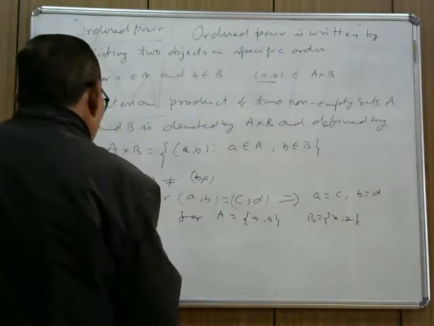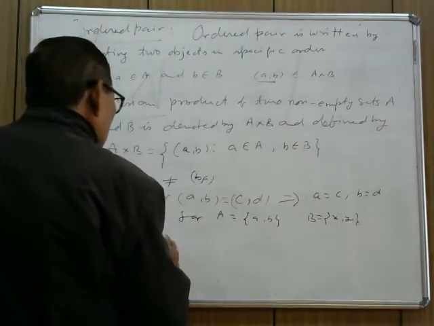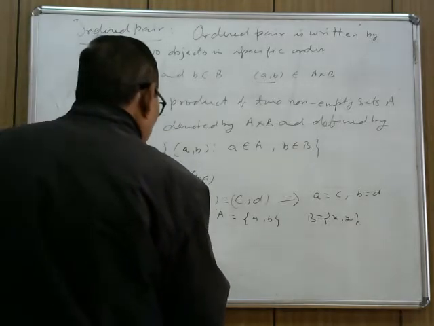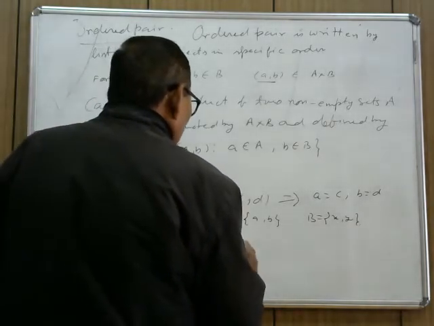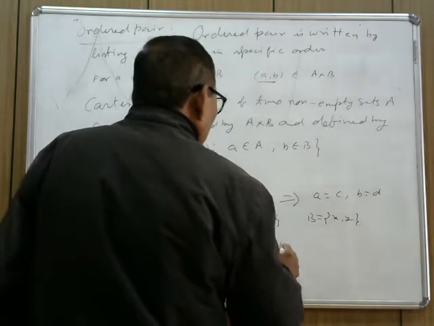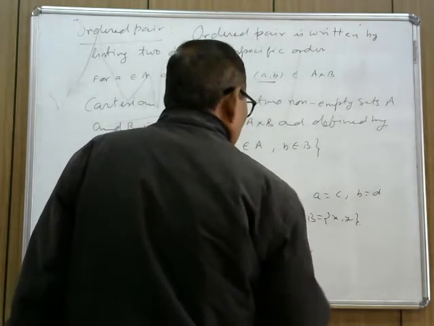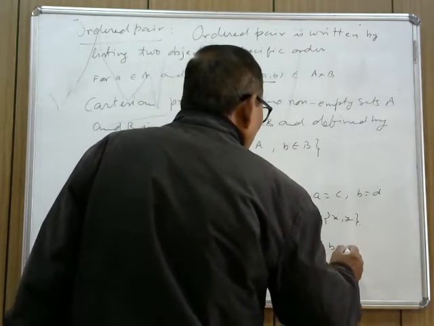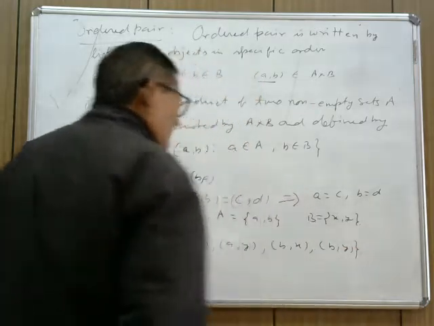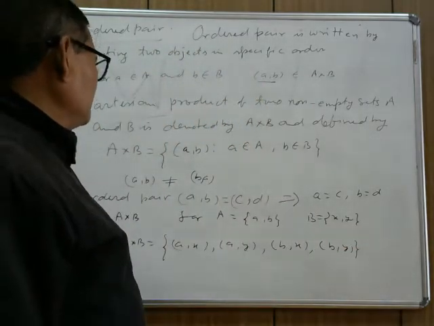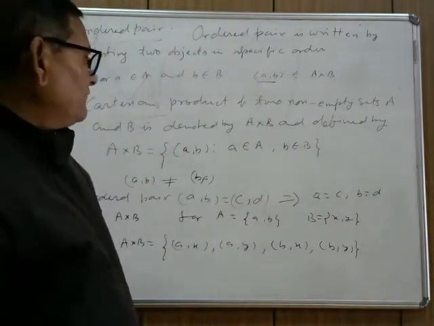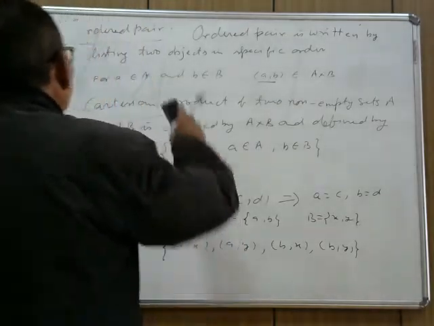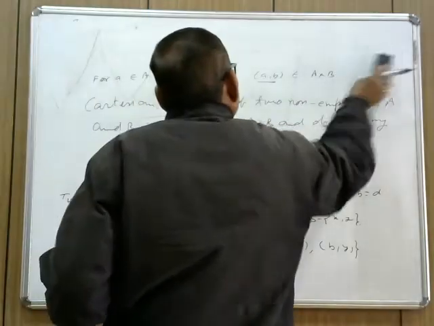A cross B can be written as (a, x) the first element, (a, y) the second, (b, x) the third, and (b, y) the fourth. Sometimes we have to obtain the sets when the Cartesian product is given. When you find B cross A, what is the change?